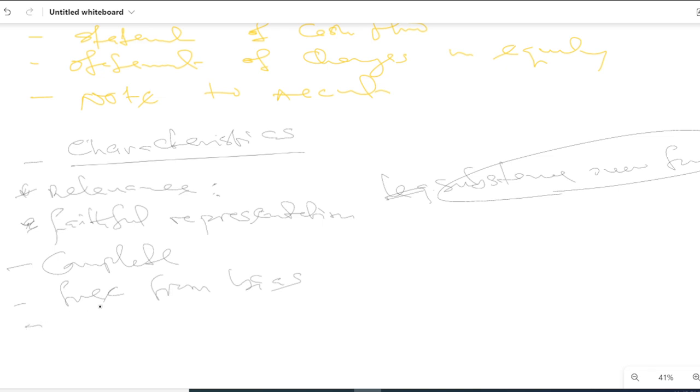Then the last one is free from error. Once information has all this, then the information is relevant and faithfully represented.